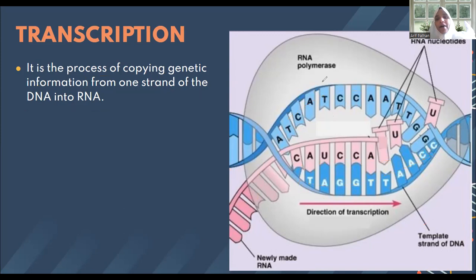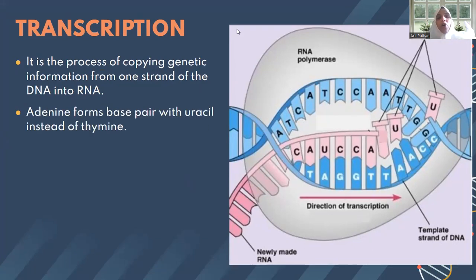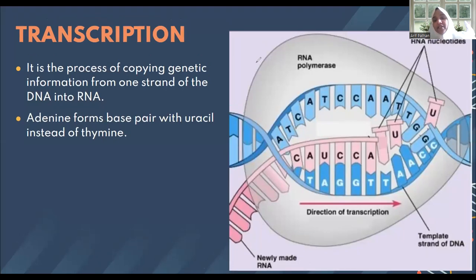So an mRNA will be formed. You can see this pink one is the newly made mRNA. Now because RNA is made from DNA, we have studied in previous videos that there is no thymine in the RNA. So in case of RNA, in place of thymine there will be uracil.